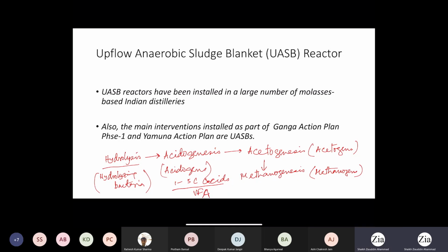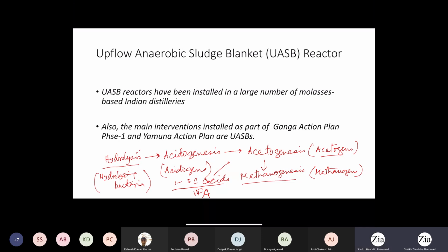And then another group of bacteria called acetogens, they will work on the higher carbon acids and then they will produce acetic acid. So acidogens will produce different volatile fatty acids, and from volatile fatty acids, acetogens will work and then they will produce acetic acid, and that acetic acid will be used by the methanogens.